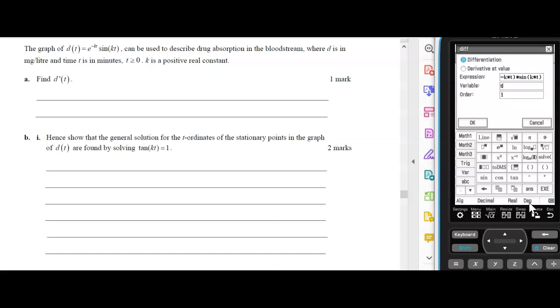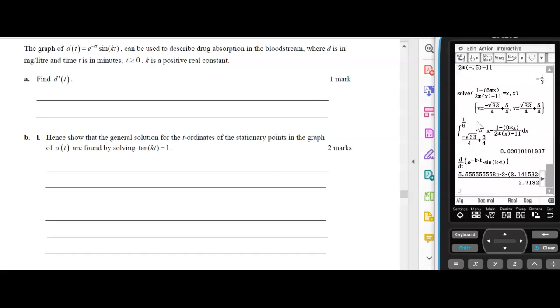So looking at degrees, I need to put it in radian. Oh, how annoying, I can't change it into radian. So actually, I don't think it matters when we're taking the derivative anyway. Or maybe it does. Actually, let's go back up and change it to, there we go.